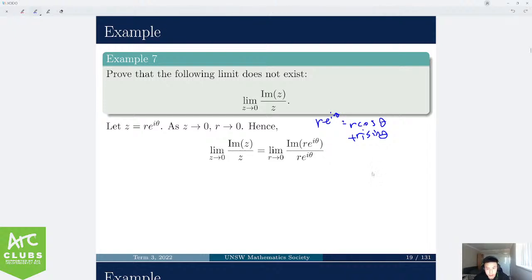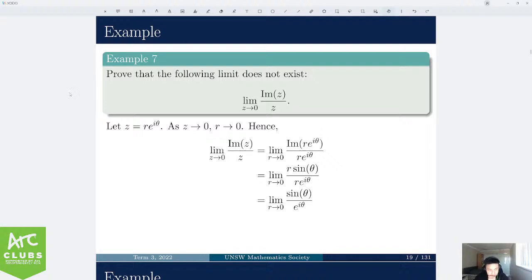So the imaginary part of this component is just the r sine theta as you extract it from over here. So we get r sine theta over r e to the power i theta. The r's cancel out, and notice that our final limit does not depend on r. So this is just going to be the sine theta on e to the power i theta.